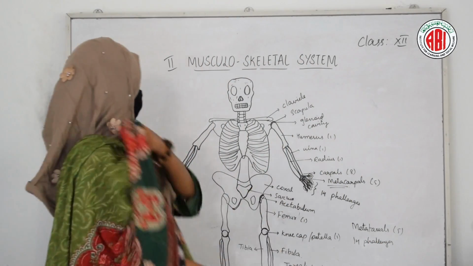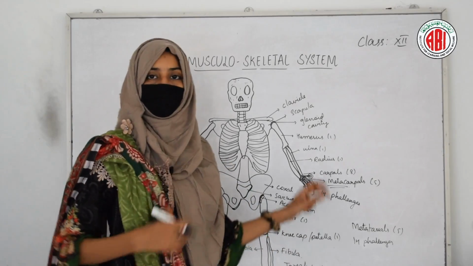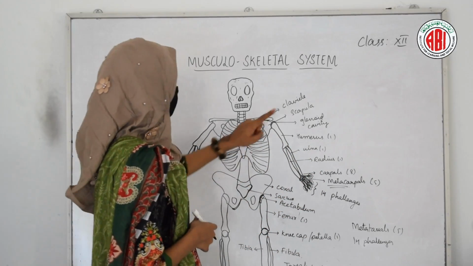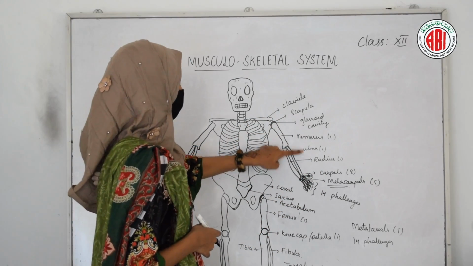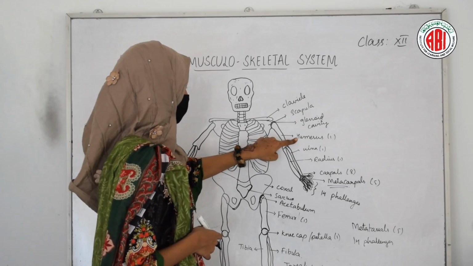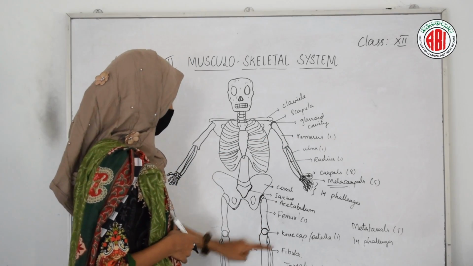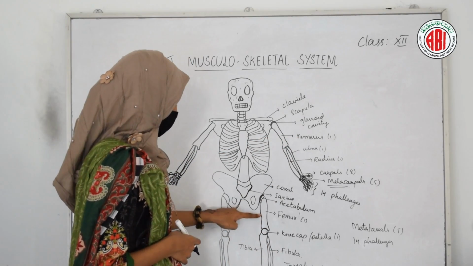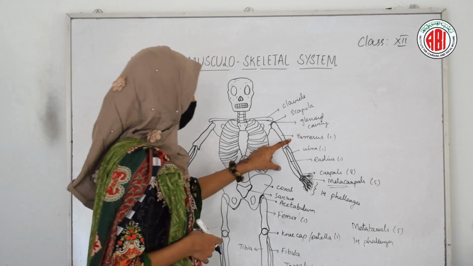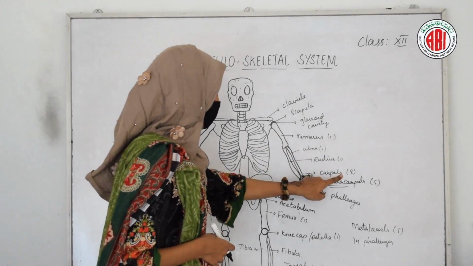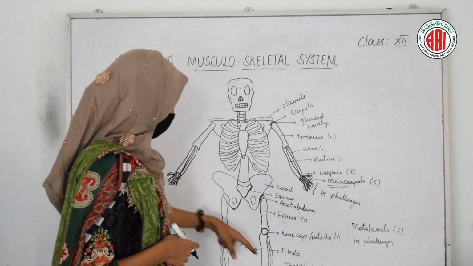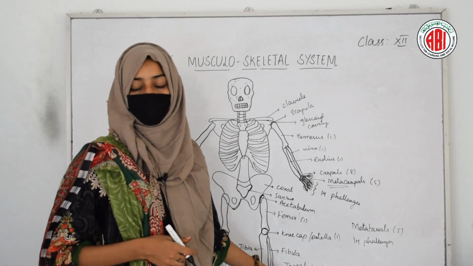Right? So the difference between the bones of our arm and the bones of our leg is that radius and ulna both get attached with the humerus, but here only tibia gets attached with the femur. In the arm 8 carpals are present. In the leg 7 tarsals are present.